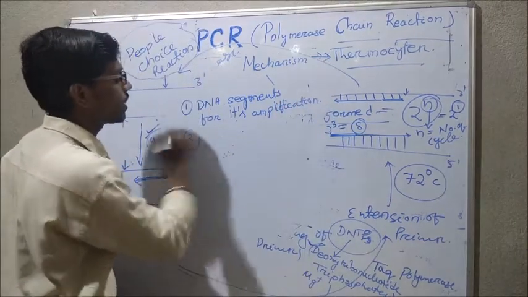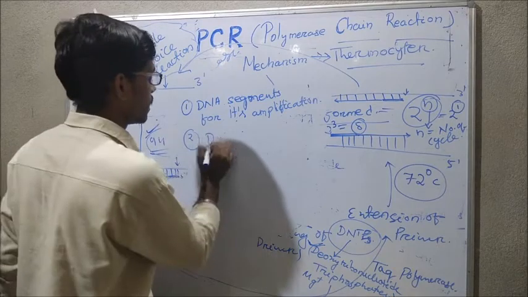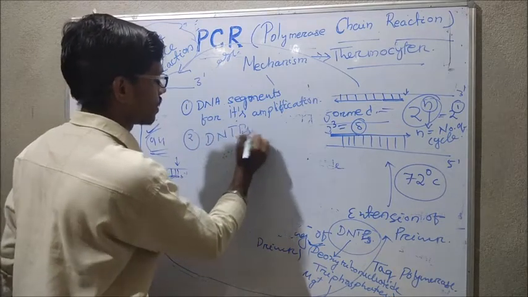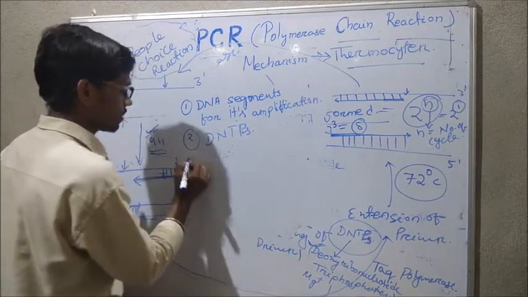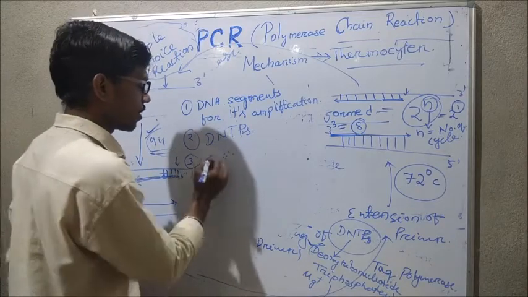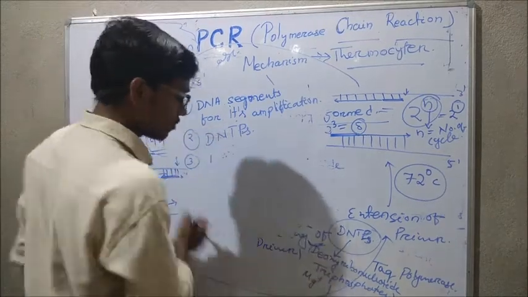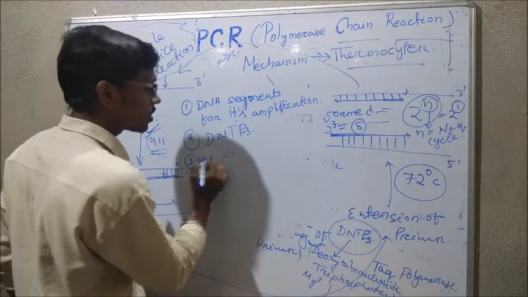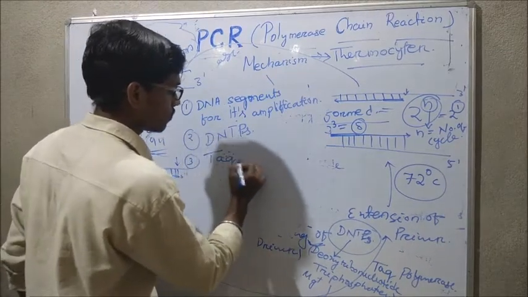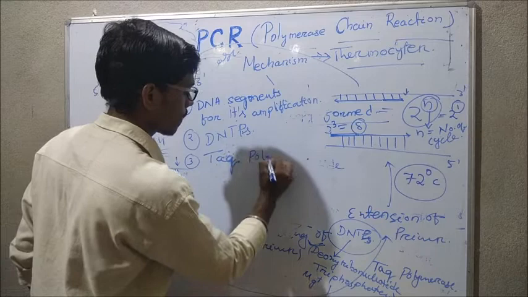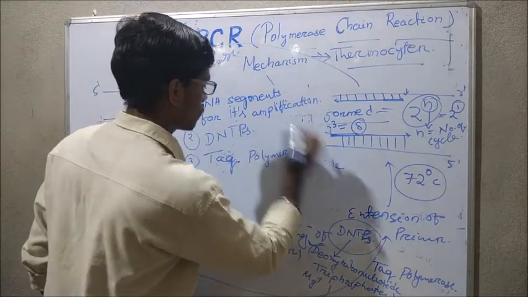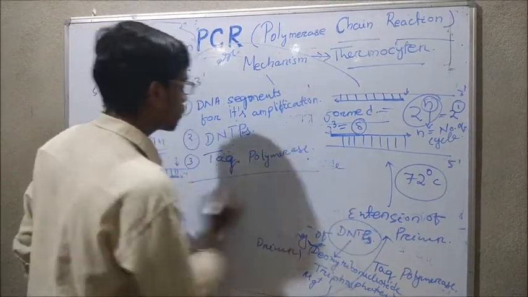Okay, then another requirement is the dNTPs, deoxyribonucleotide triphosphates. Then there will be requirement of your Taq polymerase.